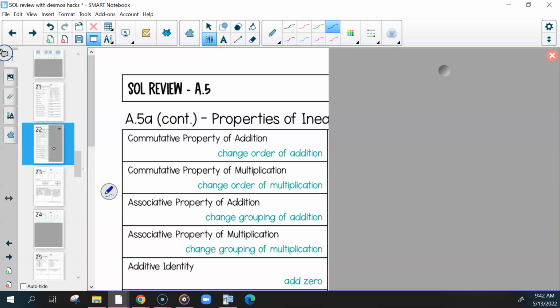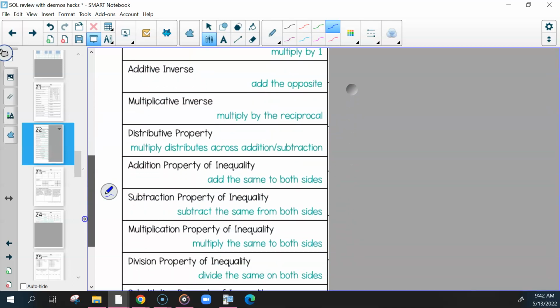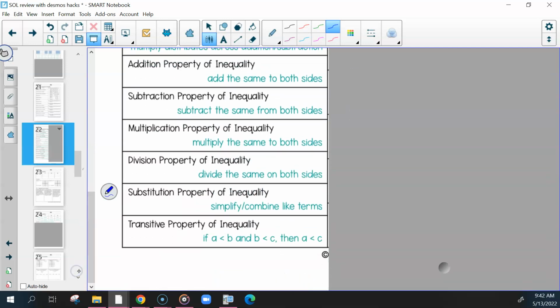So these are all the same as before. The only difference is this last one says if A is less than B and B is less than C, then A is less than C. So if you want to go back and write all of those in, you are more than welcome to, but I'm not going to go through and read them all again.